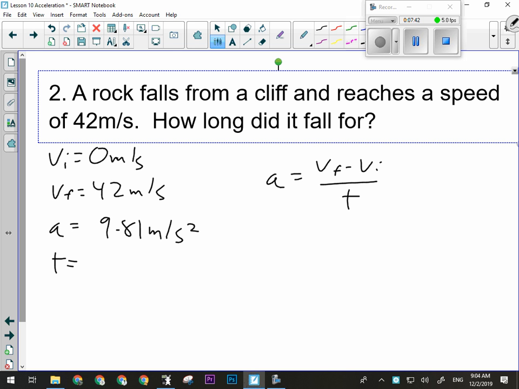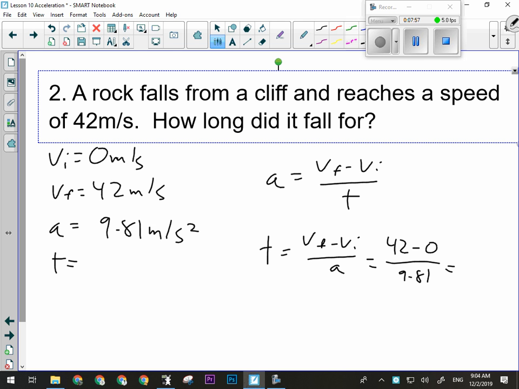So basically, I'm just going to switch A and T here, and I'll have VF minus VI over A. When I plug in my numbers, that's going to be 42 minus 0, okay, divided by 9.81.